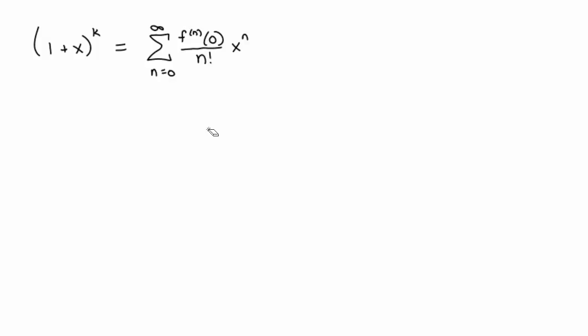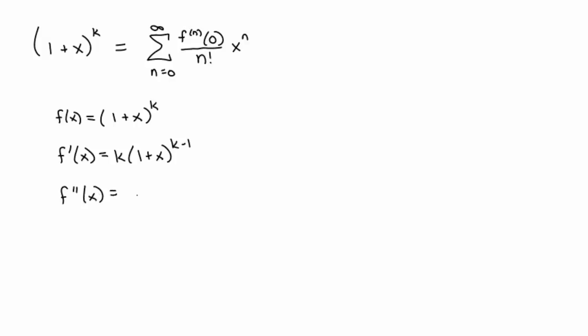So let's go ahead and list out the function. First of all, f of x is equal to quantity 1 plus x to the kth power, and then a few of its derivatives until we find a pattern. So f prime of x is equal to k times 1 plus x to the k minus 1. F double prime of x is equal to k times k minus 1 times 1 plus x to the k minus 2.